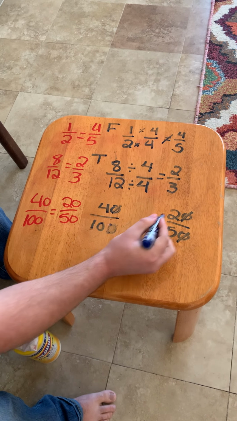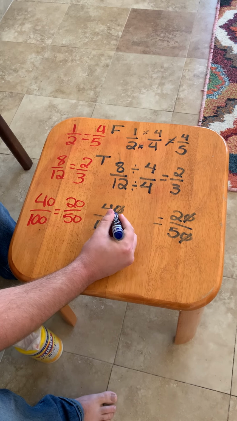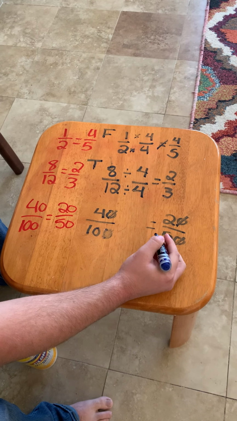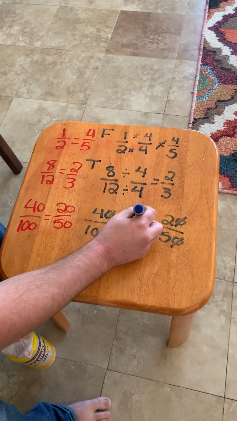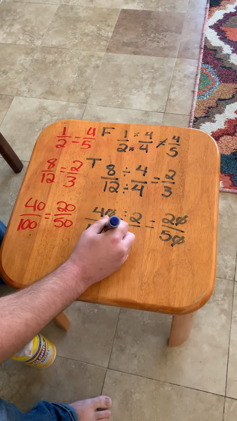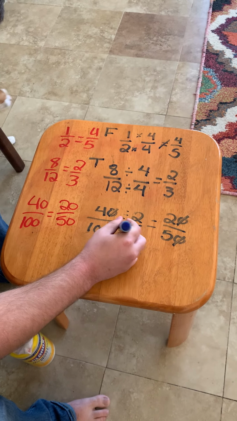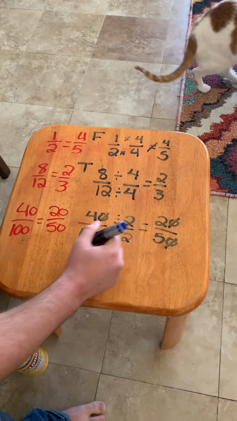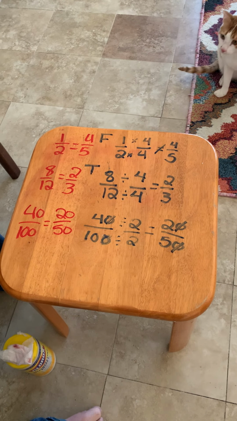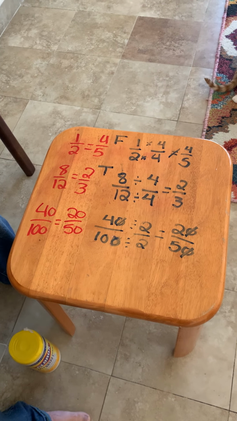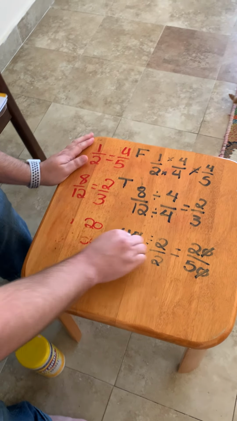So it could be 4/10 and 2/5 instead of 40 over 100 and 20 over 50. Well, 40 divided by 2 equals 20. 100 divided by 2 does equal 50. So that's our warm-up. Give me a second to erase our boards. Hopefully you got some similar answers.